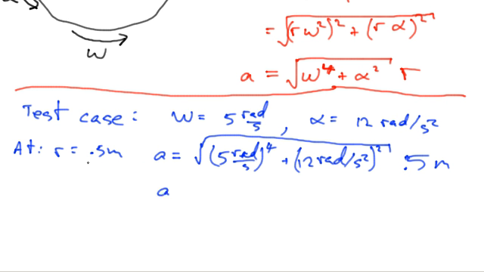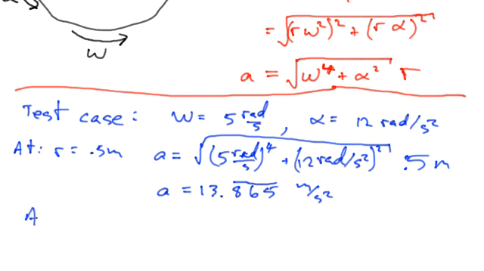So at 0.5 meters, a is equal to, go ahead and evaluate that on the calculator. Then I get 13.8625 meters per second squared. I didn't show all the sig figs on the way through, but let's get to 3 sig figs.